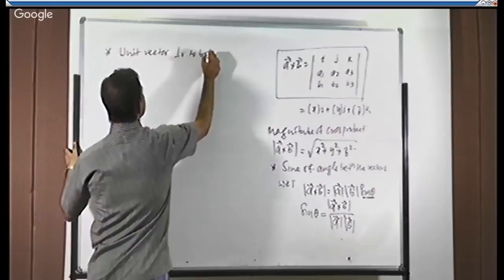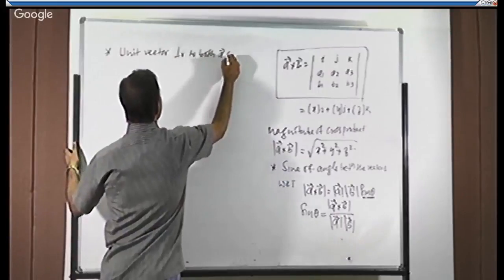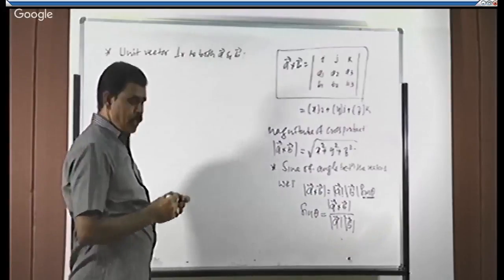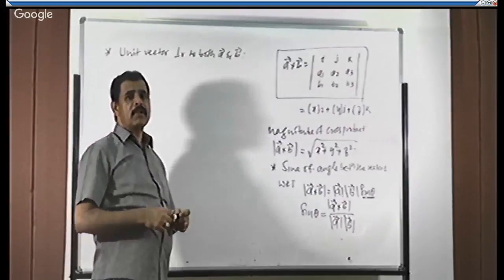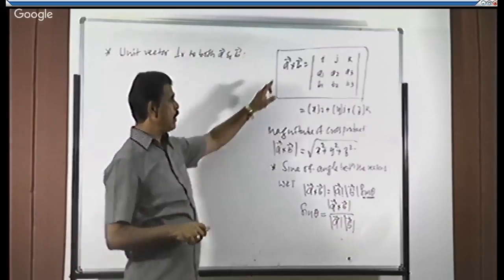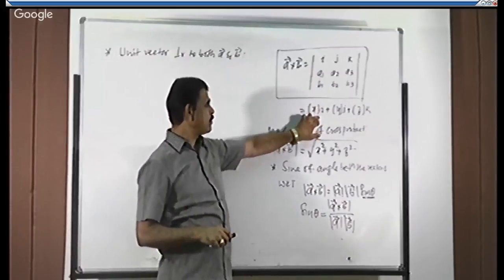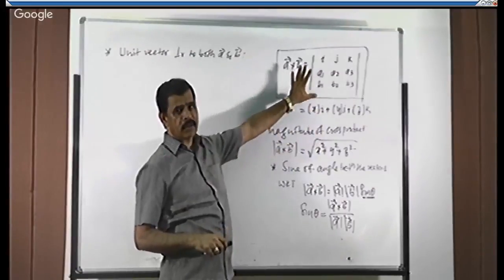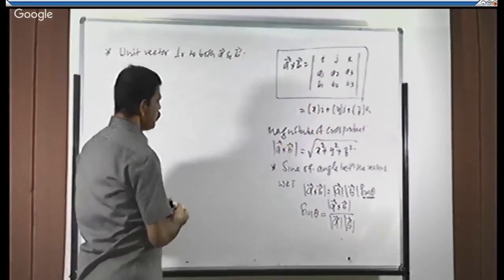As I mentioned earlier, whatever vector we get after multiplying A and B, that is, A cross B, is a vector which is always perpendicular to both vector A and vector B. That we need to find out.